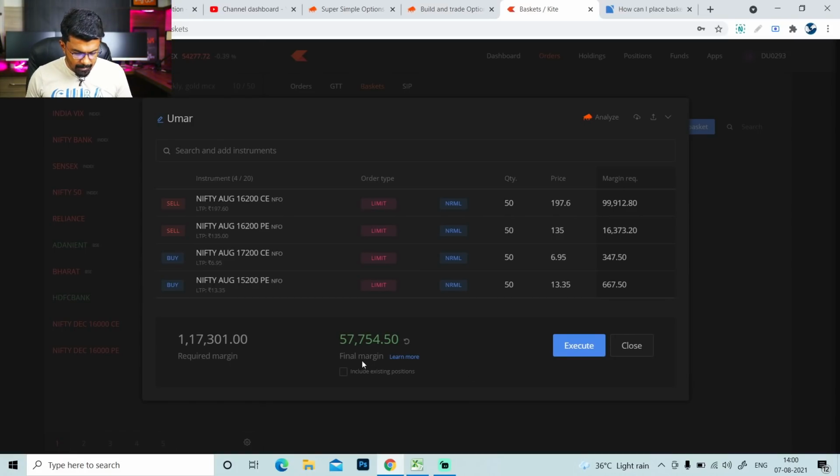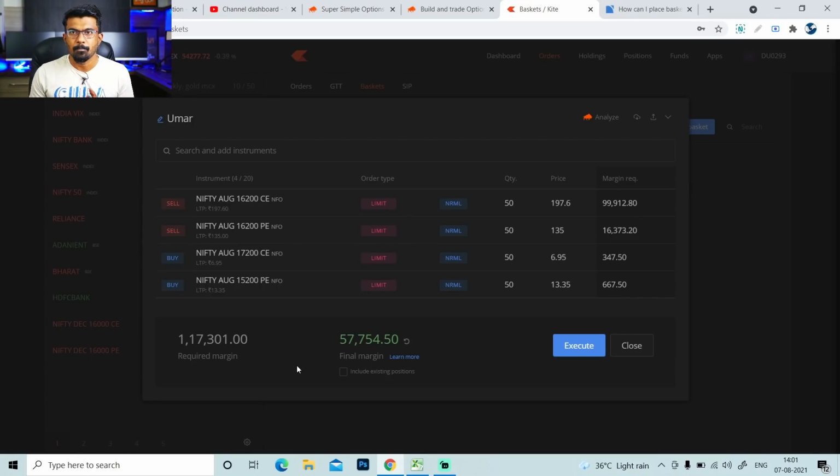Once I have done this, my margin has come down from 93 or 94,000 to 57,000. So we have reduced our final margin by around 40 to 45%. This is how you can reduce your margin money.